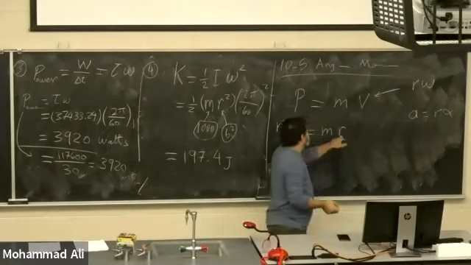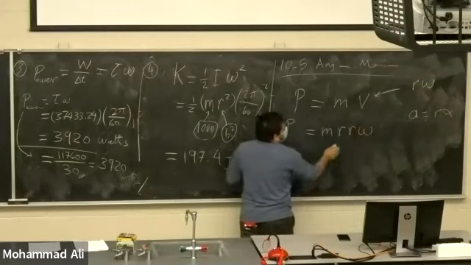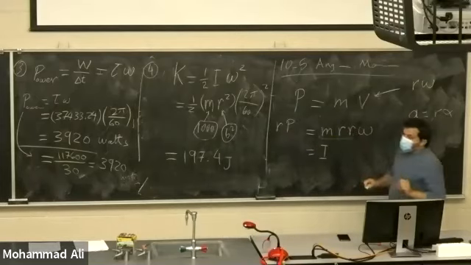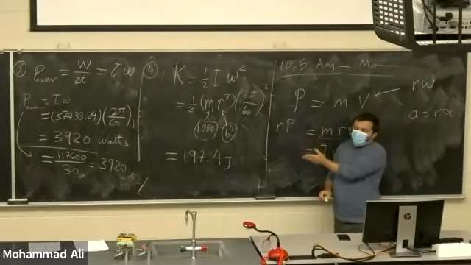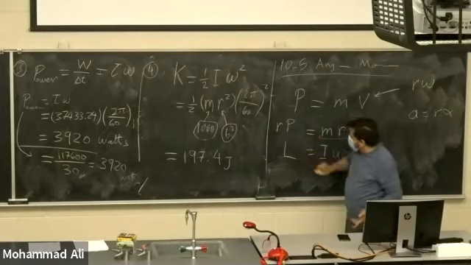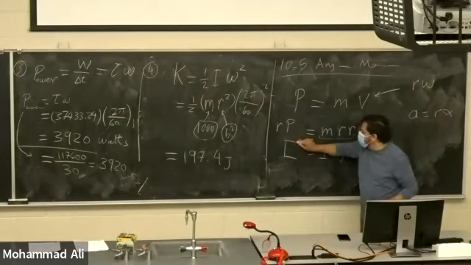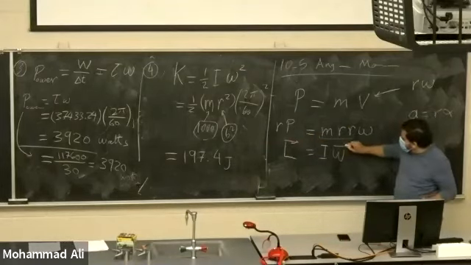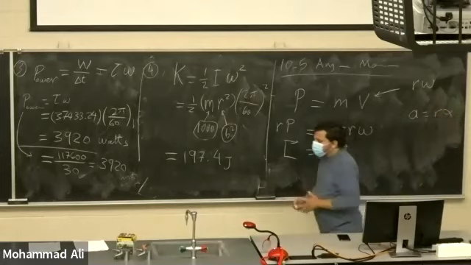We have now m r squared, which is the moment of inertia, and we have omega. Now the angular momentum will not be P, it will be L. It is a vector quantity. The moment of inertia is not a vector, but omega is a vector. Okay? It is simple. Just like that.